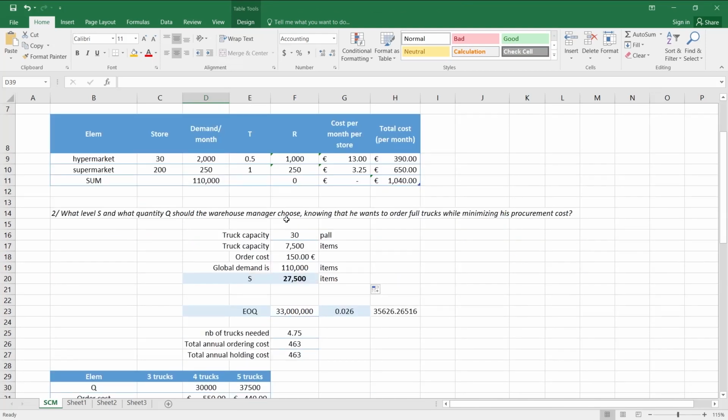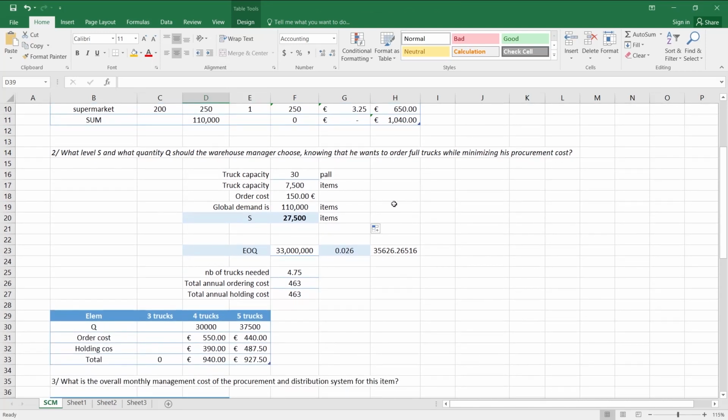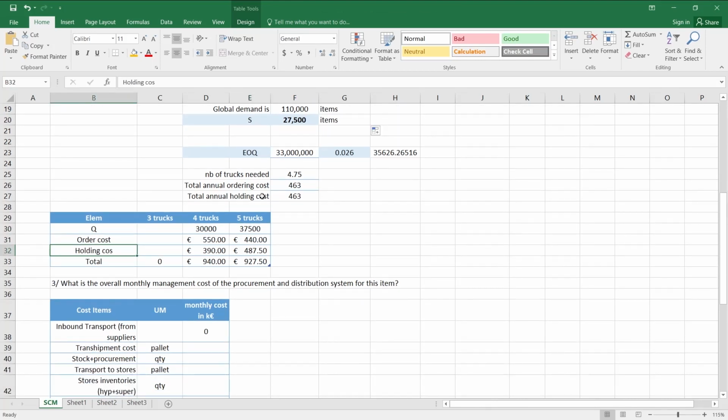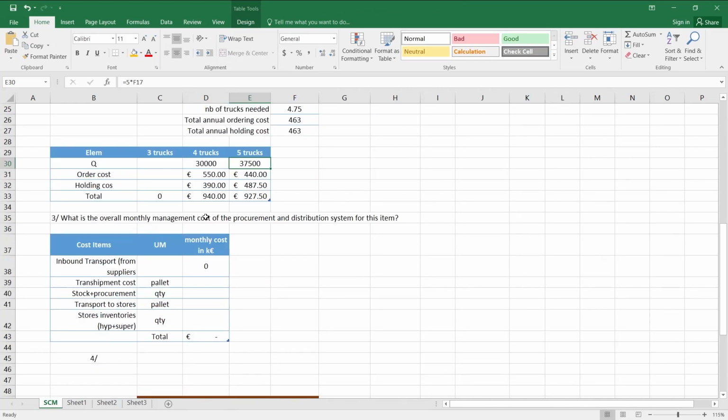And we have also identified the optimal solutions in terms of economic order quantity, but also in terms of the number of trucks that we are going to need, both in terms of ordering costs and holding cost. And we have said that we need to go for 5 trucks instead of 4 trucks for a quantity of 37,500 items. Now it is time to go through all the cost items involved in this distribution model.